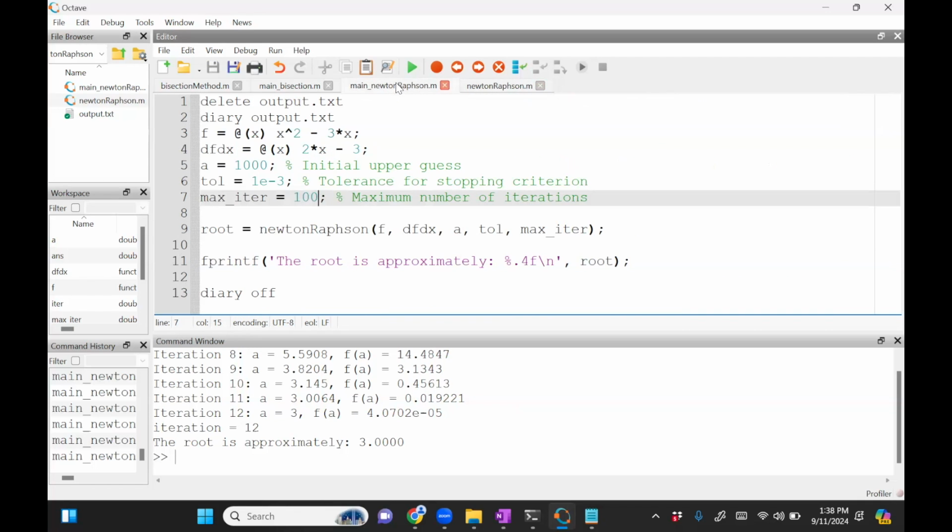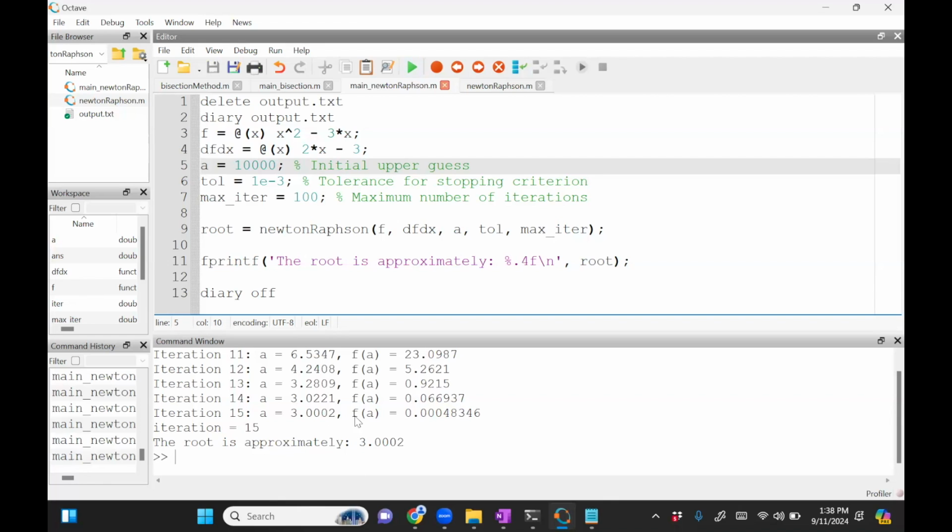Now, you could try, this function is actually well behaved. I think even if you go to a million, it will eventually converge. It's pretty powerful. The convergence is actually quadratic. It takes 15 iterations.